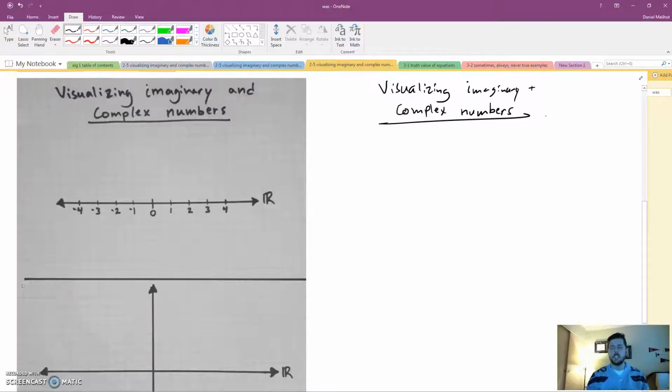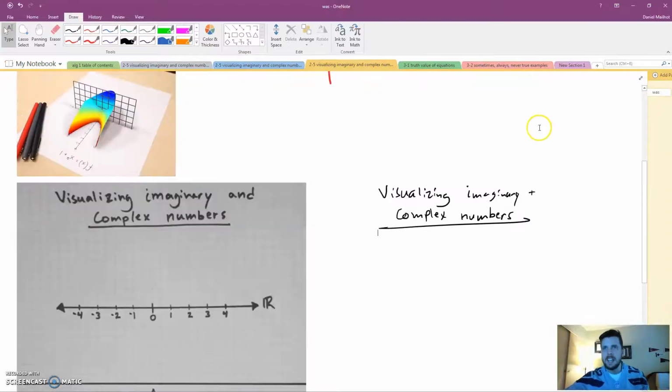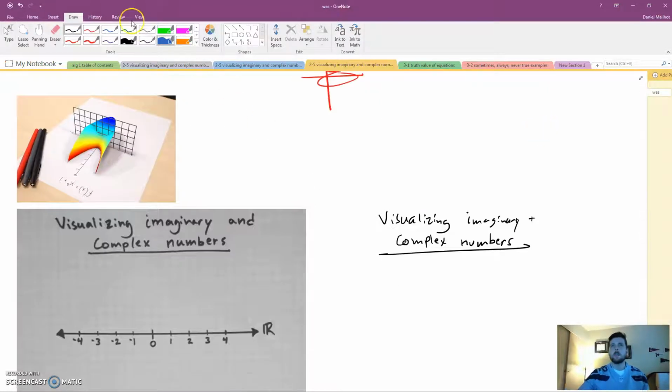We're going to recreate what the video kind of said. You notice here we have a couple things going on. Let's see, what good highlighter color? Let's just use red. We're going to look at this axis here, the real axis, the real numbers, or the x-axis, and then this imaginary axis.